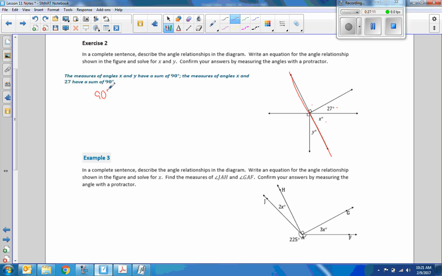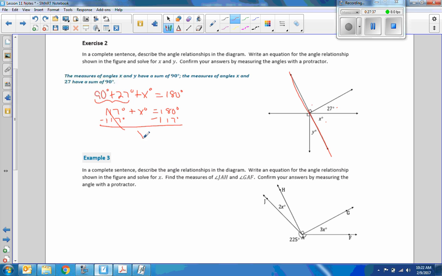So 90 degrees plus 27 degrees plus x degrees equals 180 degrees. Combine like terms. 117 degrees plus x degrees equals 180 degrees. Subtract 117 degrees from both sides.